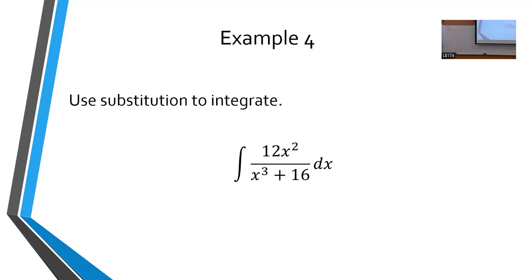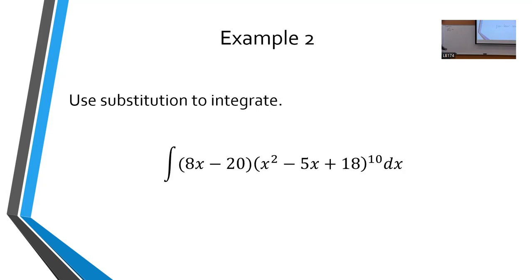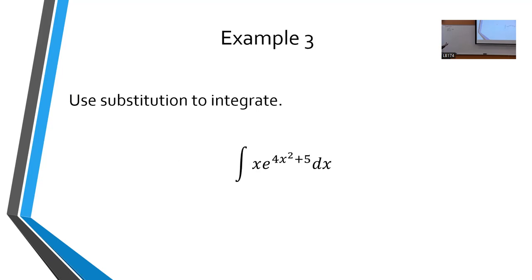So we've already done a polynomial raised to a power, like x squared minus 5x plus 18 raised to a power. Our u was the polynomial inside being raised to a power. We've already done e raised to an ugly exponent, and we used that ugly exponent as our u.